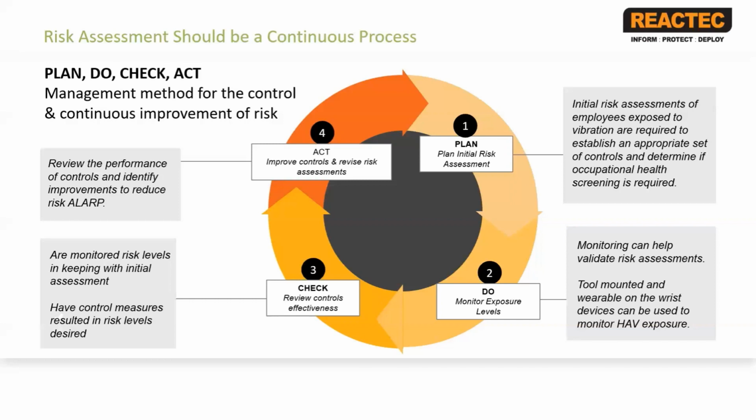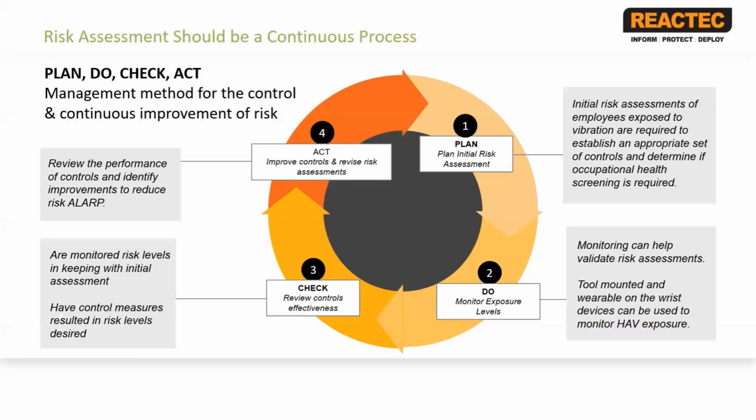It's important to check that your risk assessments remain valid, remain up to date to any changes that might happen in your processes and individuals, and also to make sure that your control measures are working and are keeping people at the desired risk levels.